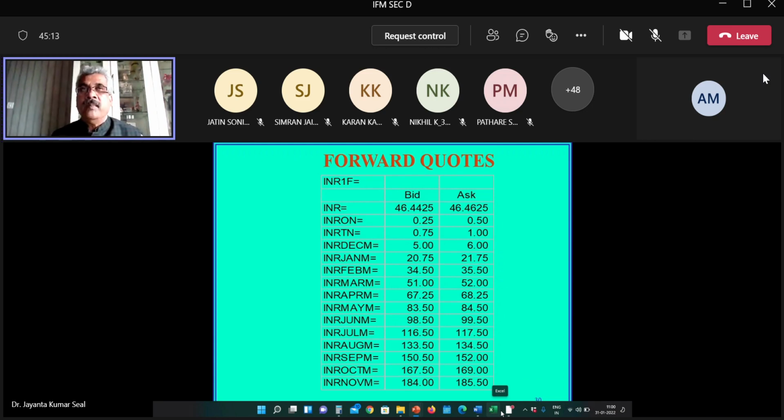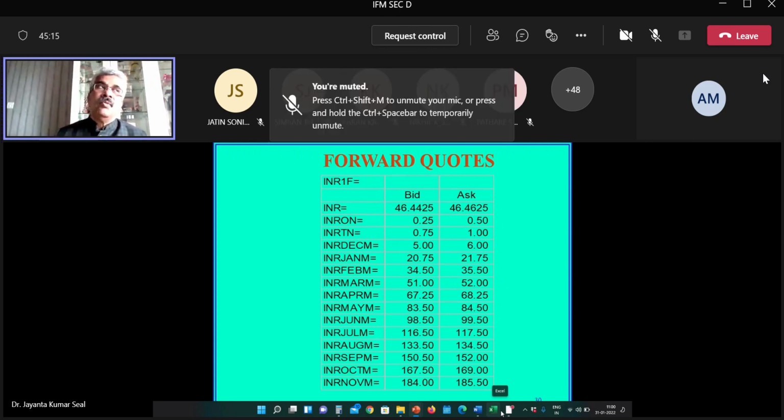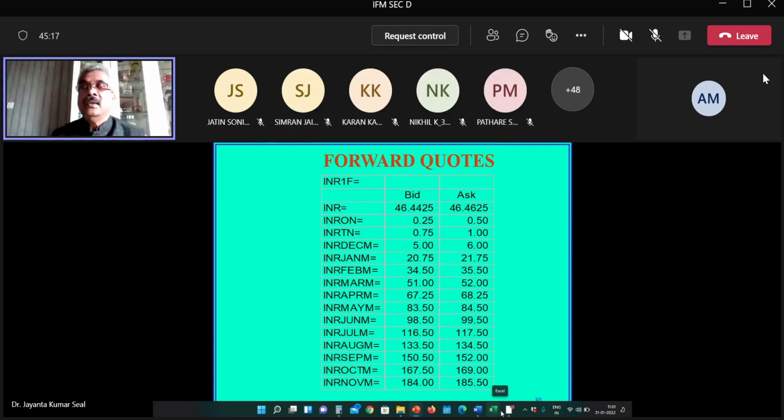That will be the same, but the forward rate practically is changing on the basis of your spot rate. That is why the swap quotes remain the same, and you only add or subtract them with the spot rate in order to find the forward rate at a particular point of time.